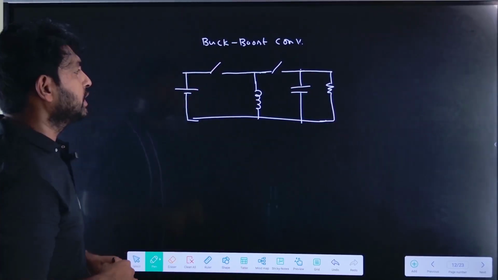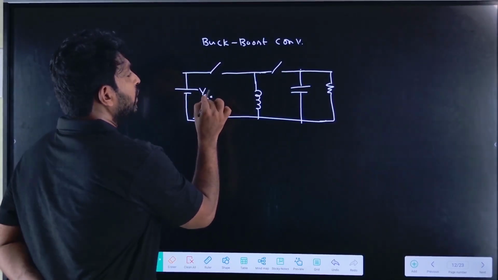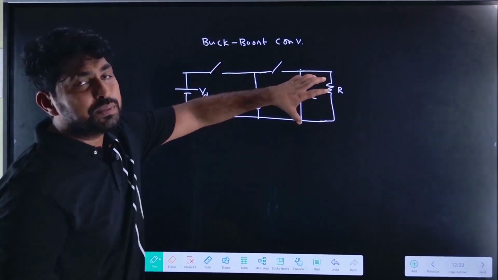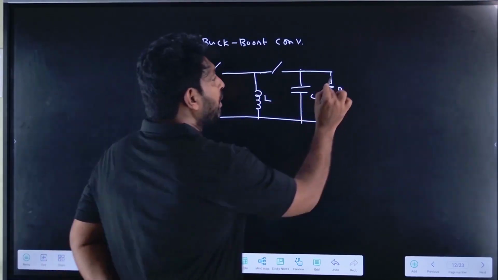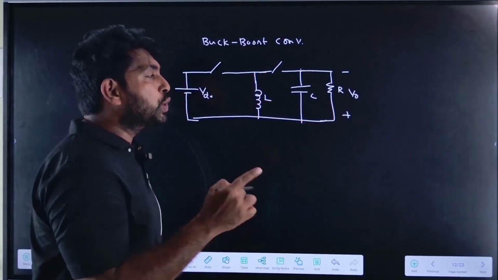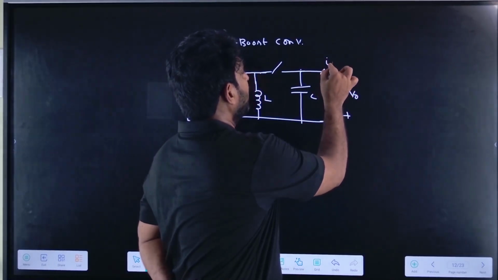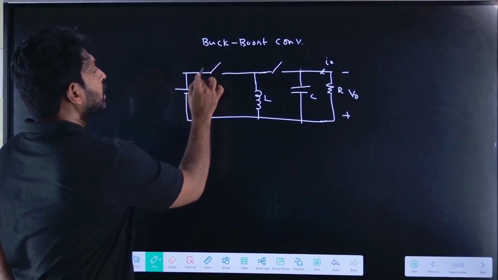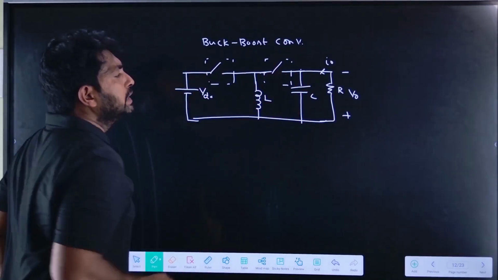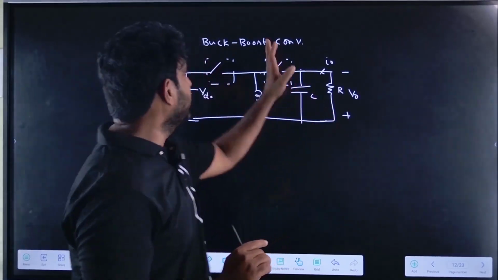If the inductance, switch 1 and switch 2 are connected like this, it will be the buck boost converter. In this analysis, we will place the minus sign here and the plus sign here so that the derived output voltage is positive. So we will keep the sign like this and I0 will be like this. This is switch 1 and switch 2. If the inductance is connected in between the source and load, it is a buck boost converter.